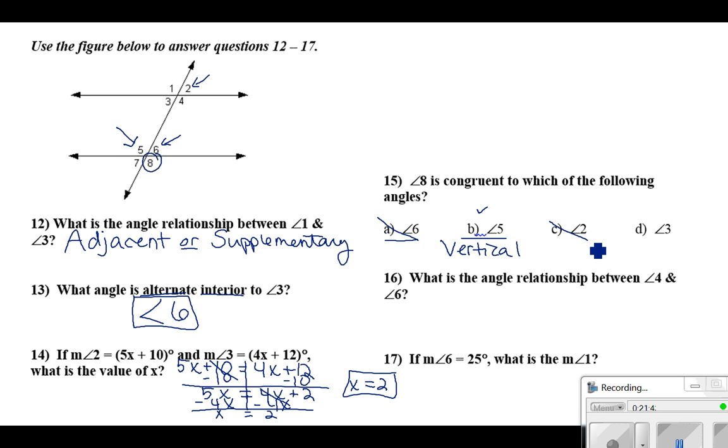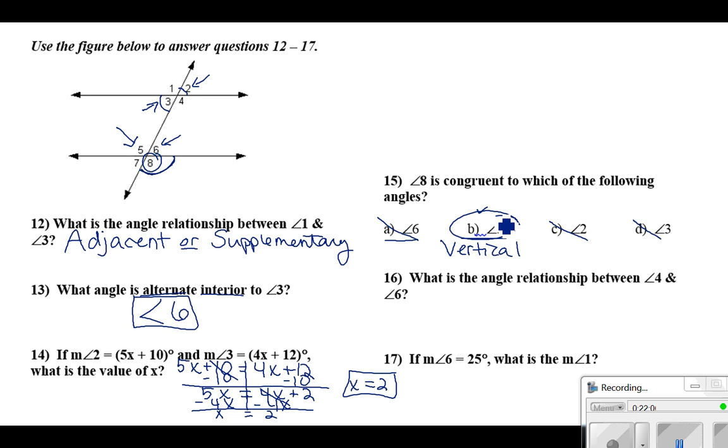They are supplementary. You also notice that this angle is obtuse and this one is acute. Choice D, angle 3. Again, we have a large obtuse angle and a small acute angle, so those would not be congruent either. So choice B is our answer.